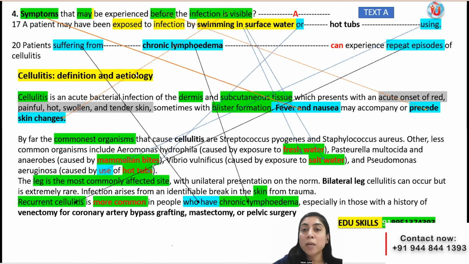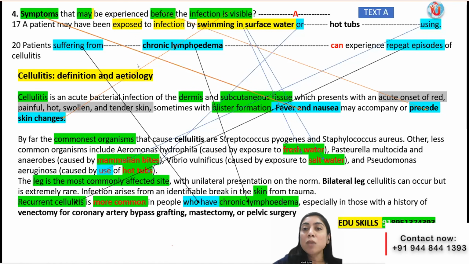The next one: caused by exposure to salt water. These two come from swimming, in fresh water or salt water. Then here is another keyword, using. See where the keyword is given: caused by use of hot tubs. This paragraph is about the commonest organisms for cellulitis, so here are the names of the organisms, Streptococcus or Staphylococcus, and all of these.